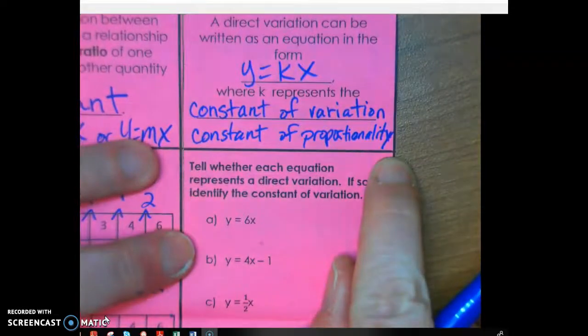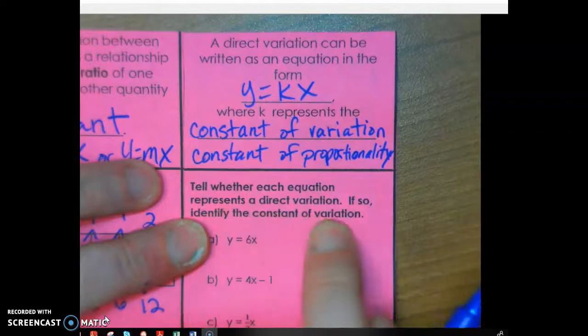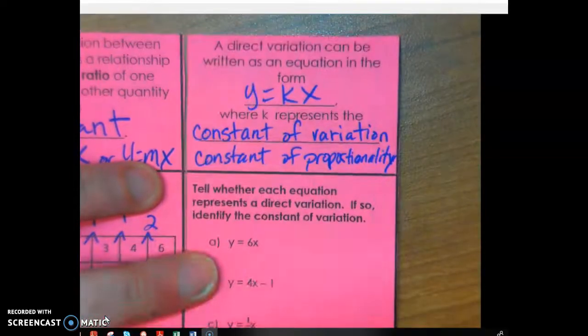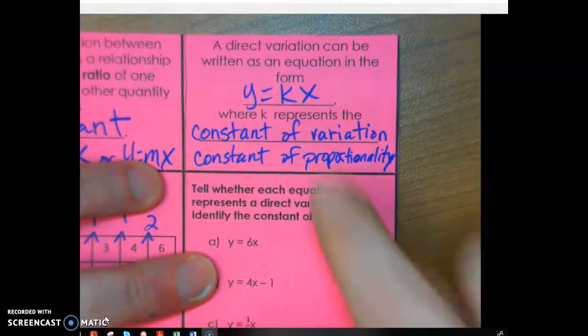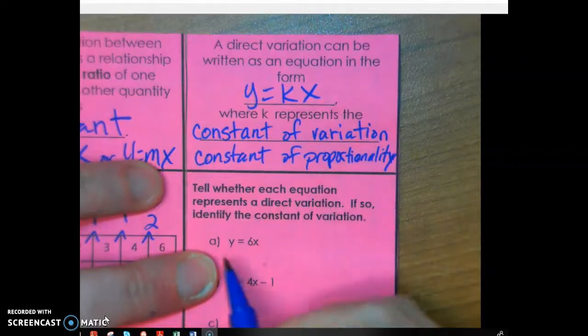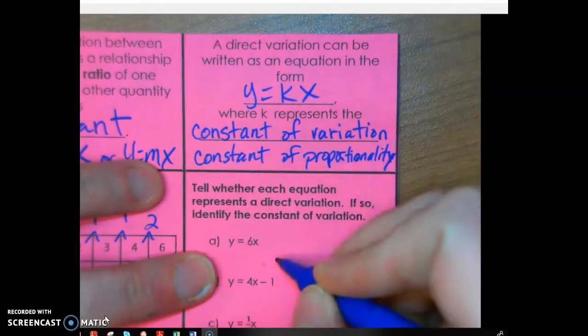If it represents a direct variation, there's nothing extra. It's got to look like this. Does this one match this one? Why, yes, it does.